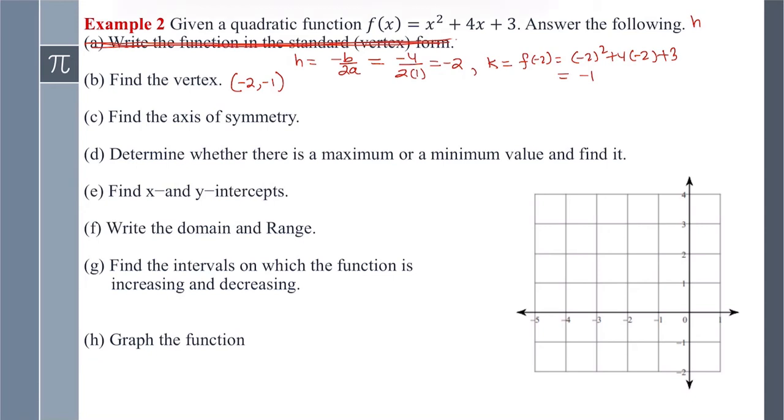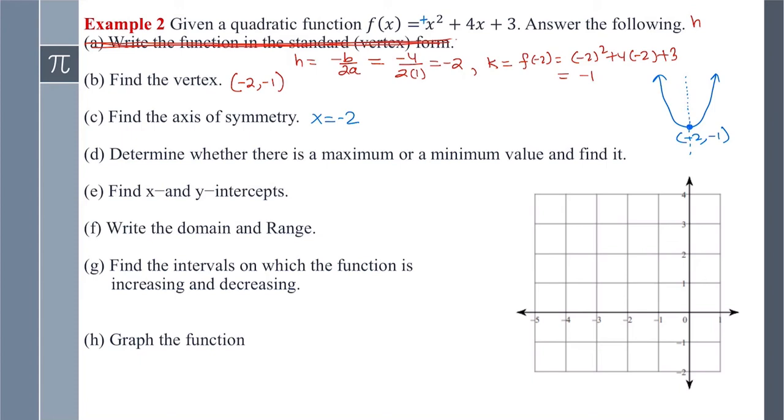Again, once you get that, what I always suggest is just go ahead and draw the sketch. This is positive here, so that means it opens up like this. And we have the vertex, which is -2 comma -1. Now the axis of symmetry is the vertical line going through the vertex, which is x equals h, or x equals the x coordinate of the vertex, which is x equals -2.